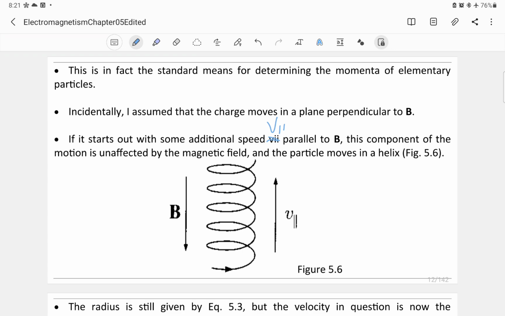And so this will move the particle away such that it will not just move in a circle.